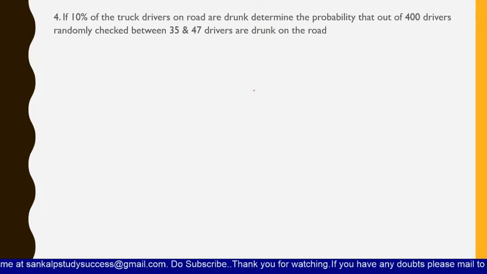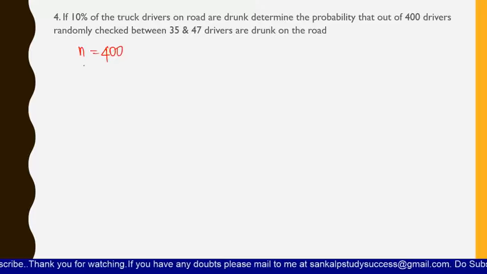So now let us see one more problem which is of the same model actually. Let us solve it. Here, if 10% of the truck drivers on road are drunk, determine the probability that out of 400 randomly checked drivers, that means n is equal to 400, right? The probability of 10%, that means what?